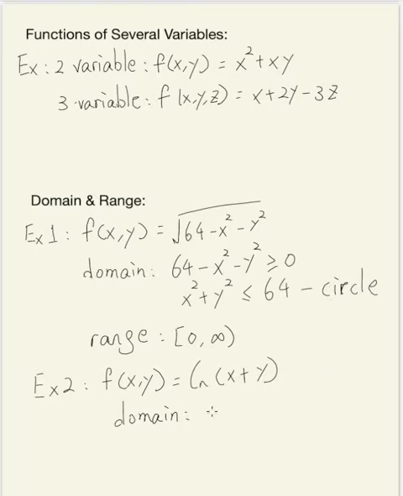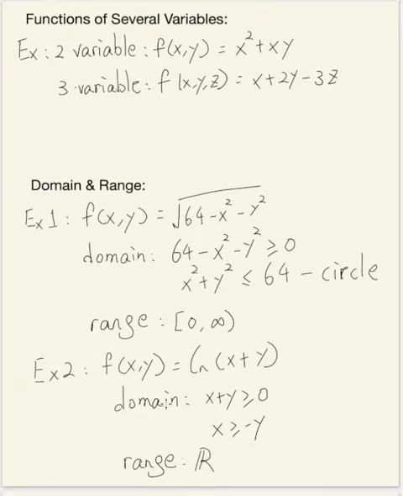So we need to have x plus y larger than 0, or equivalently, x is larger than minus y. Whichever way you want to write it is fine. Now the range. So let's look at the range of ln. Just like the 1D case, the argument that follows ln is positive. Therefore, the output of ln is all of the real numbers. Okay, so the range of this function is the entire R.